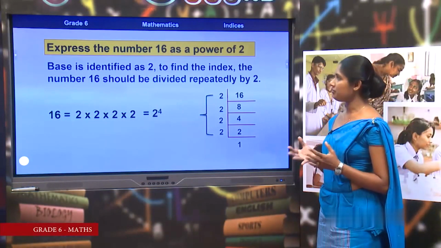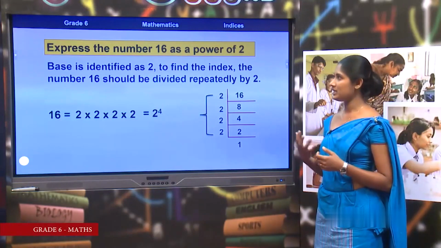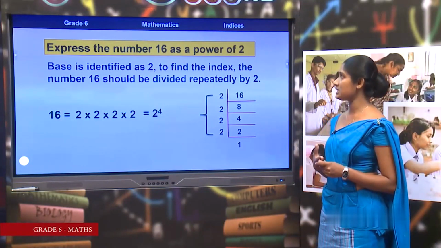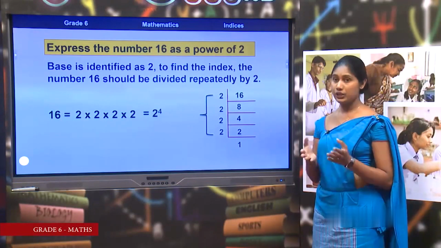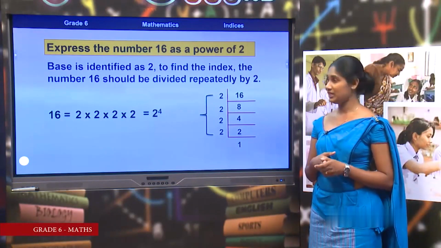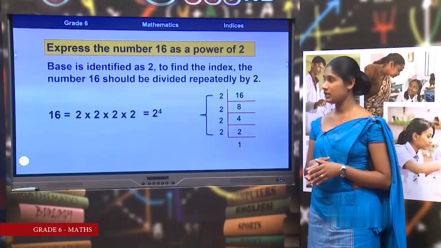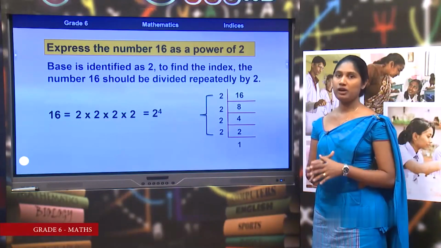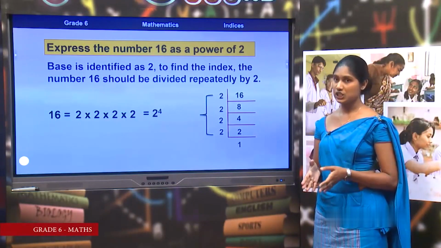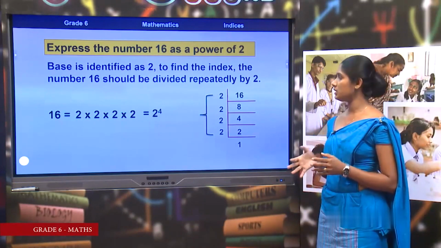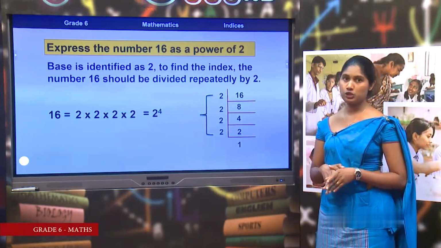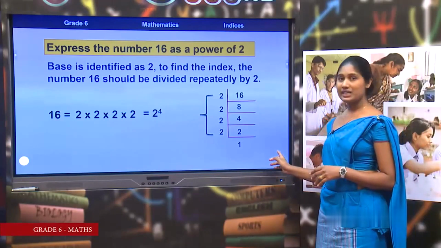So I found the answer to express the number 16 as a power of 2. Then you can tell the answer, my dear children, 16 you can write as 2 to the power 4. 16 you can write using the base 2, that is 2 to the power 4. Let's see another one.